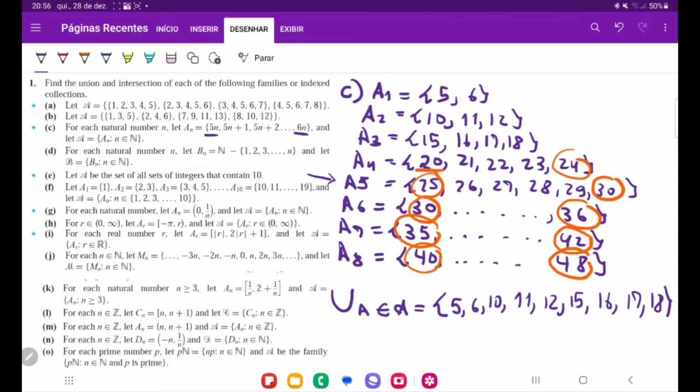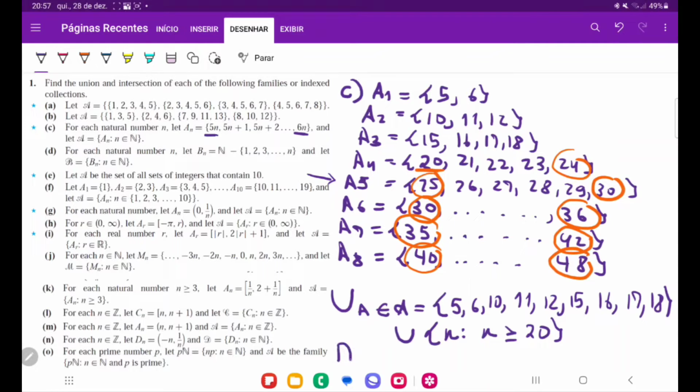So these have no overlap, and then union the set of n where n is greater than or equal to 20. So we're saying that after 20, we are basically going to have every single natural number, because every A9 intersects with all the previous ones, A10 intersects with the previous ones too, and so on and so forth. And so that's the union.